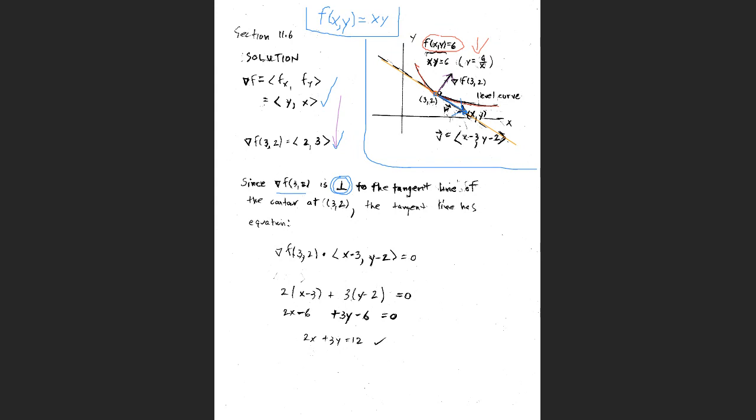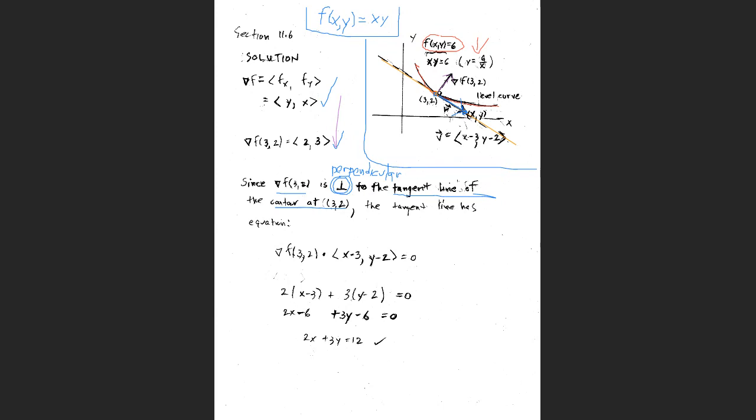Good, Ryan, perpendicular. So the gradient is perpendicular to the tangent line of the contour at 3, 2.